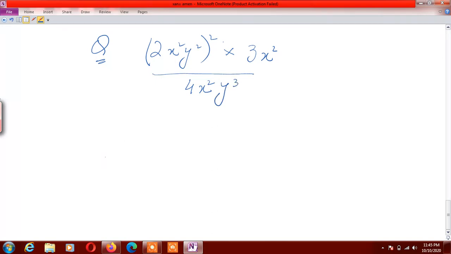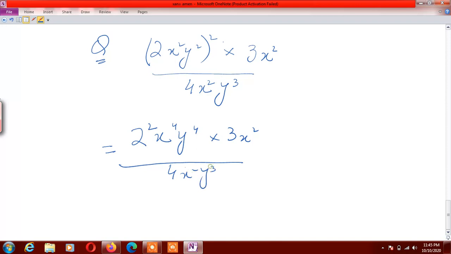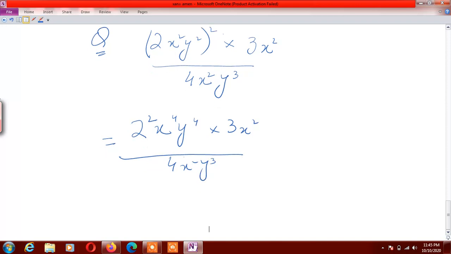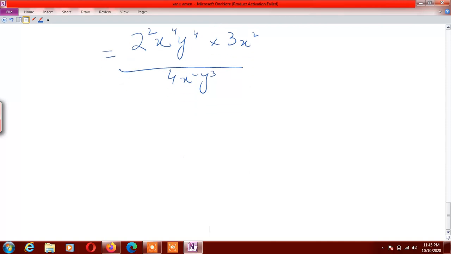Now in this question we'll learn the entire concept of all these three laws. The first bracket says 2x square y square whole square. That means the power which is outside the bracket is for all the values inside the bracket. That means 2 square, x power 4, y power 4. 3x square will remain constant for the time being, and 4x square y cube will also remain constant until we simplify the power of 2.